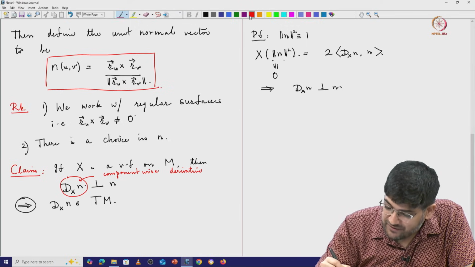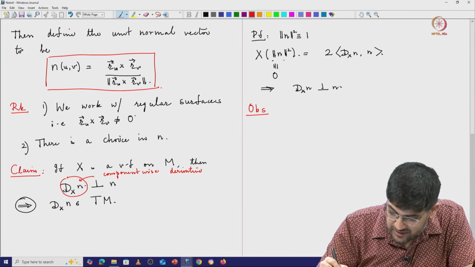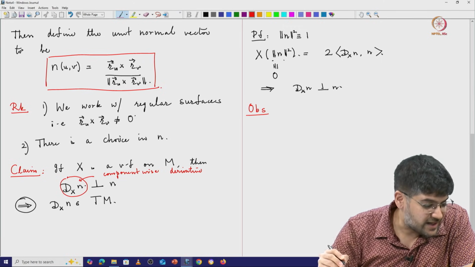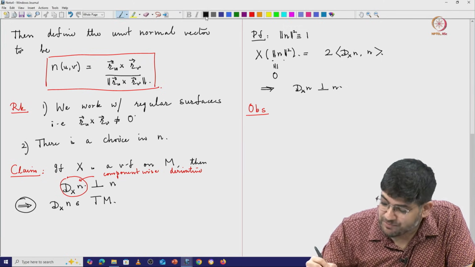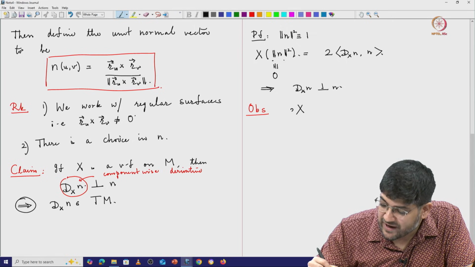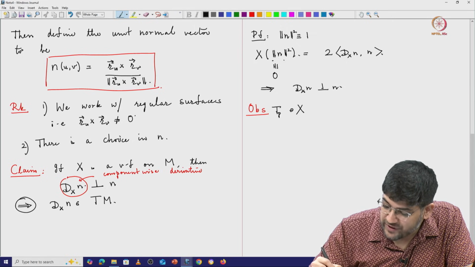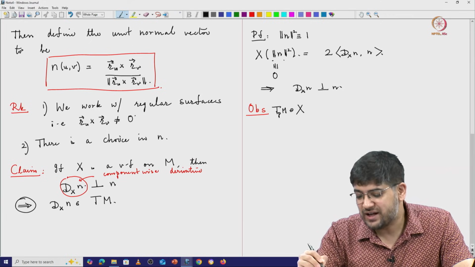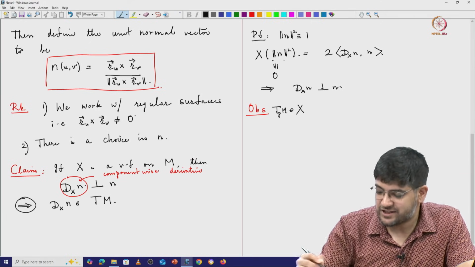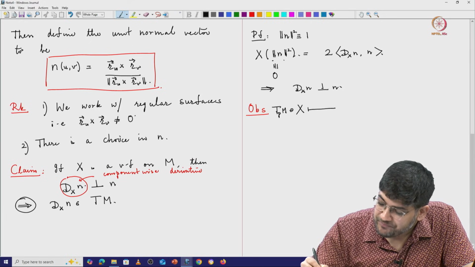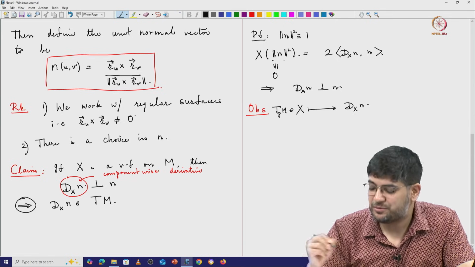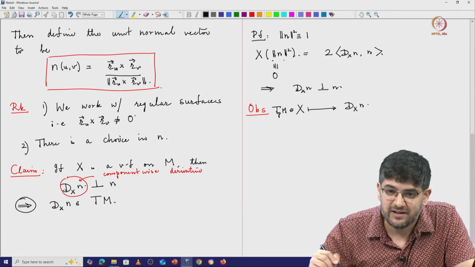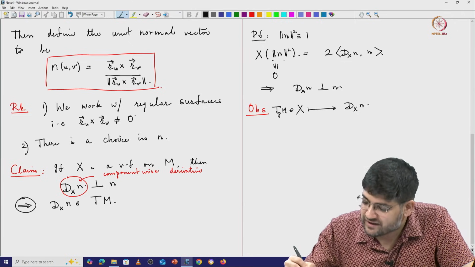So next I have this simple observation that if you take this map where you fix a point P, you take a vector in the tangent space at that point and map it to the directional derivative of n in the direction of that tangent vector x.